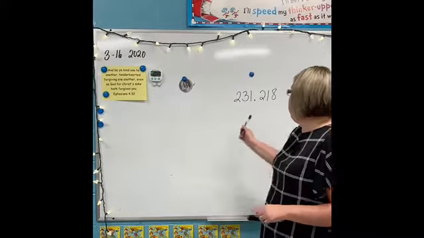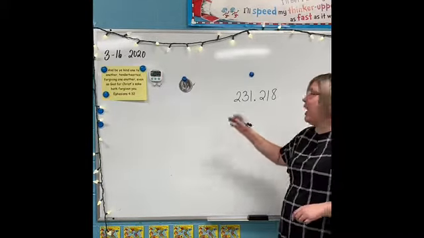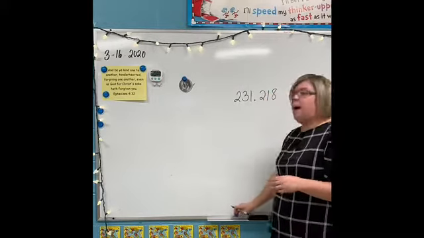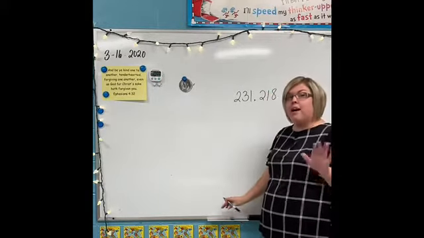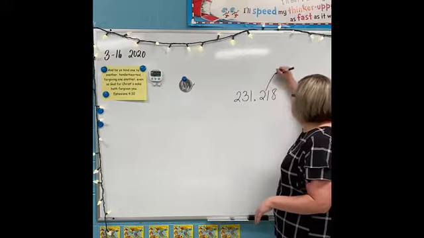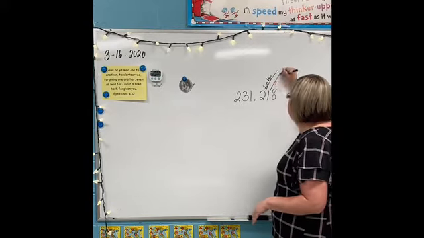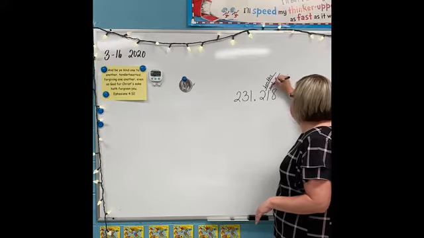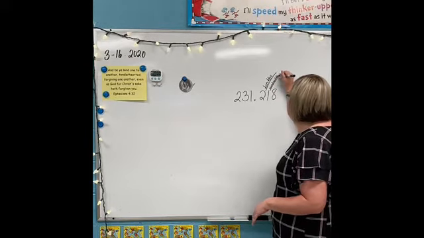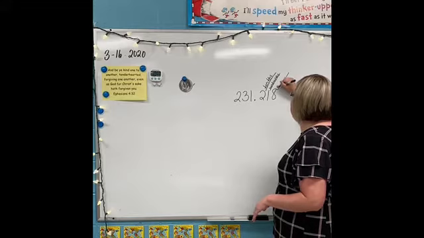Now, if you'll look up on the board, we talked about on the last lesson the place value of the decimal. So this is in your tenths place. This one's in your hundredths. And the 8 is in your thousandths.